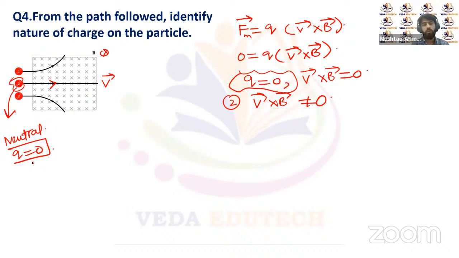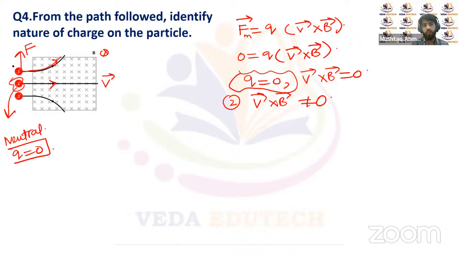Now, talking about particle 1, you can see here the particle is experiencing some force because there is some deflection shown by this particle, and the deflection is along this curve. It means that the magnetic force must be acting along this direction on this particle.